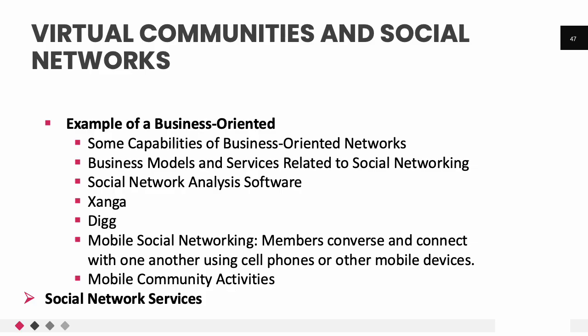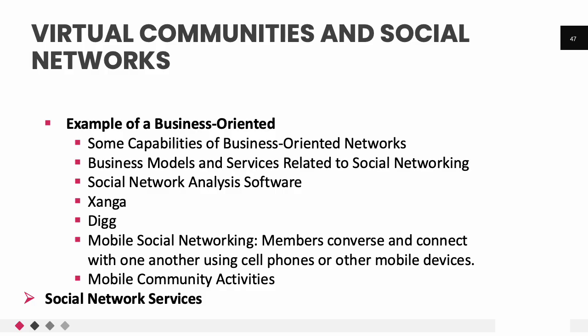Okay, so the example of the business-oriented network is to delve into what this network can do and how they operate, even touching on how they fit into the broader digital landscape. Okay, so let's break down this point. Some capabilities of the business-oriented networks.